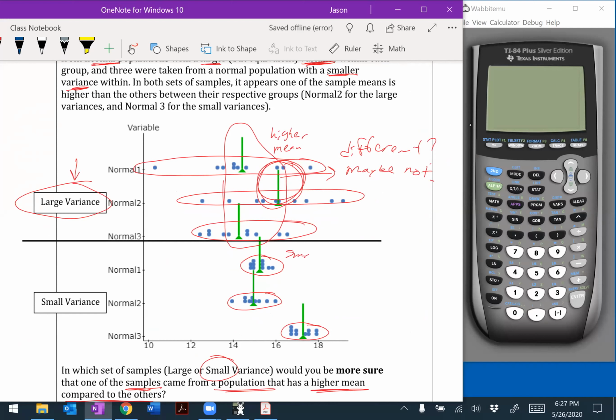So this has a small variation within the samples. That's what I've circled here, the small variation within the samples. And how is it compared to the variation between them? Well, I wouldn't say it's too big. I'd say that there's medium variation. Okay, medium variation over small variation.